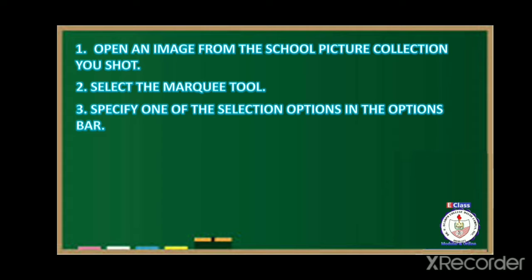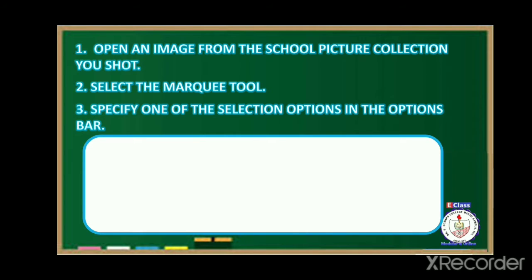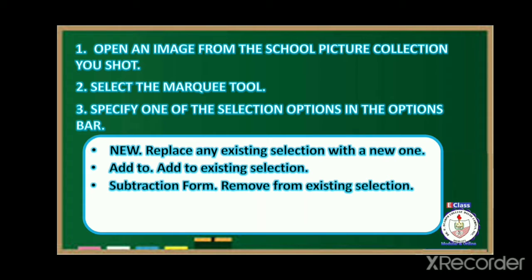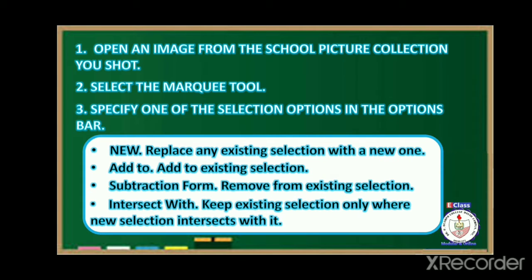Three, specify one of the selection options in the option bar, like New, to replace any existing selection with a new one; Add to existing selection; Subtract from, to remove from an existing selection; and Intersect with, to keep the existing selection only where a new selection intersects with it.